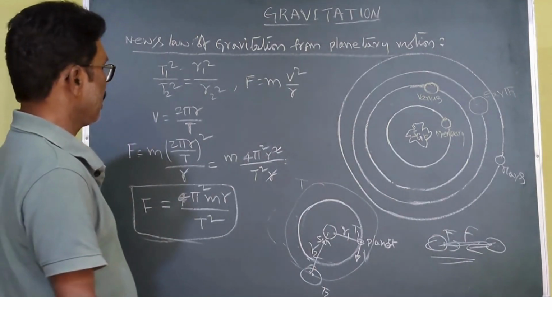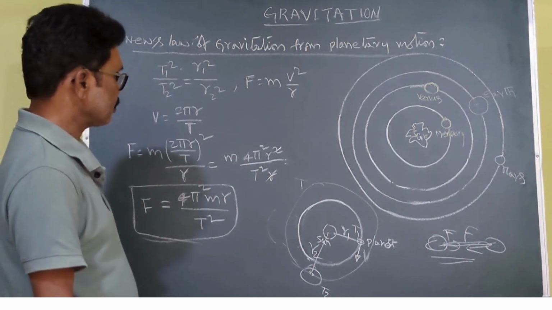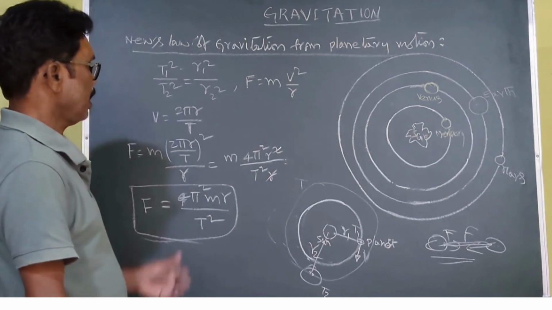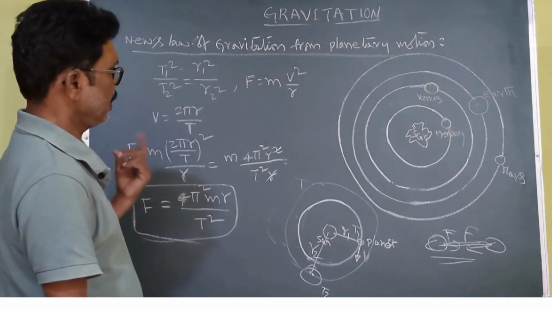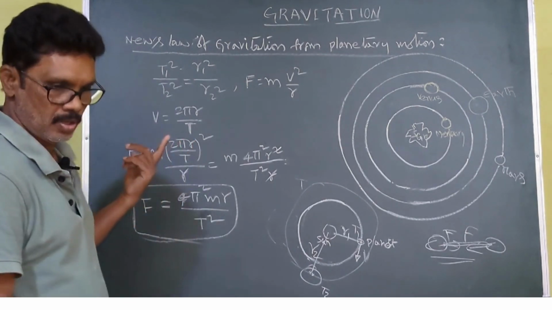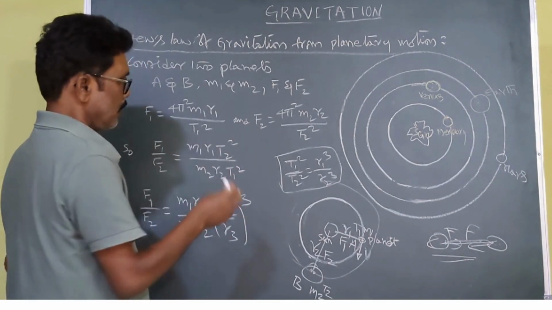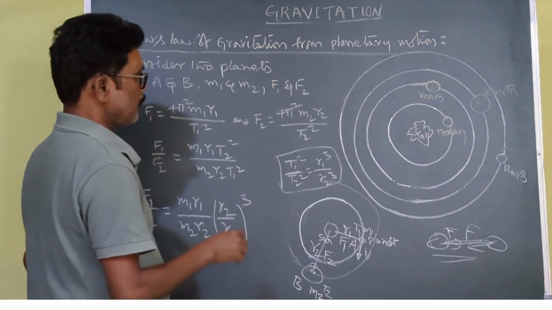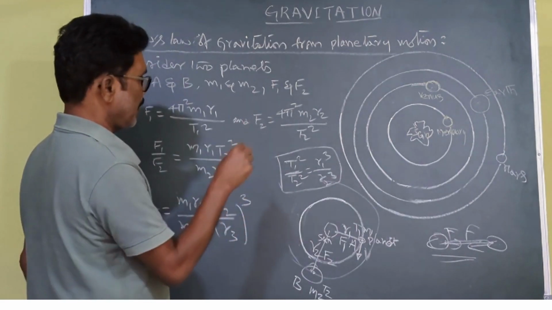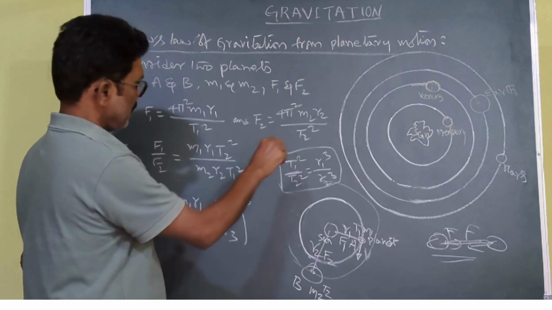Now we can see the relation between the two planets. We can calculate the force. Kepler proposed the relation between the time to complete one revolution and the radius.